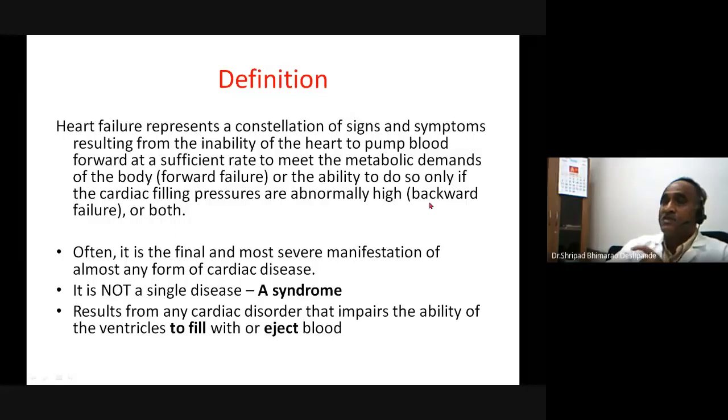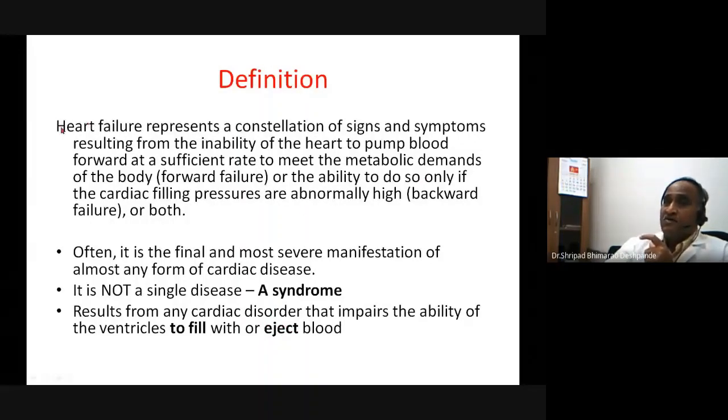So that means it's a backward failure or a combination of both. So that means there is one filling problem, and the first one is the ejection problem, that is throwing out.